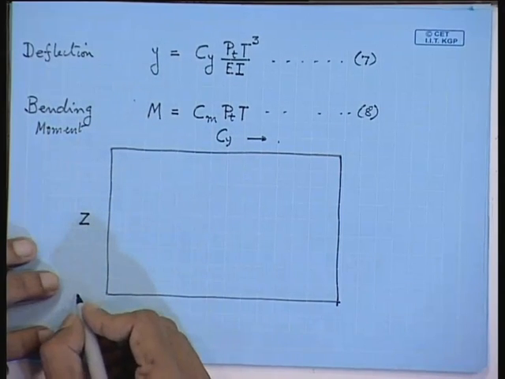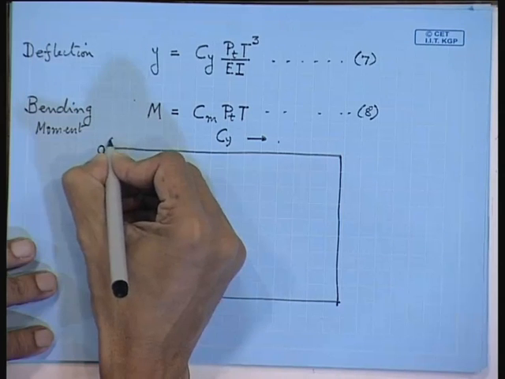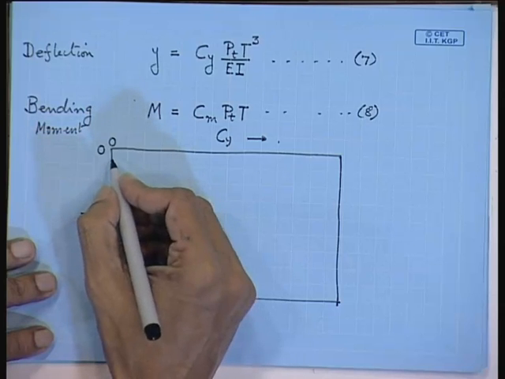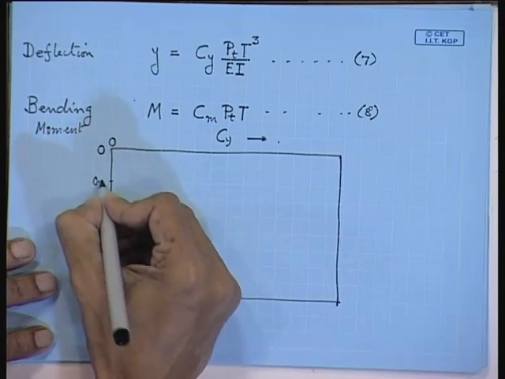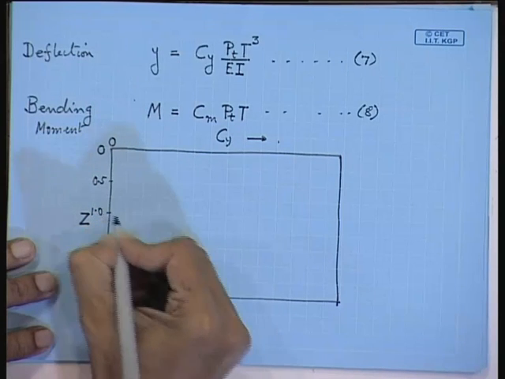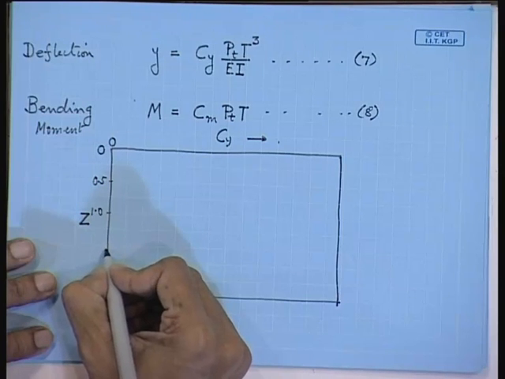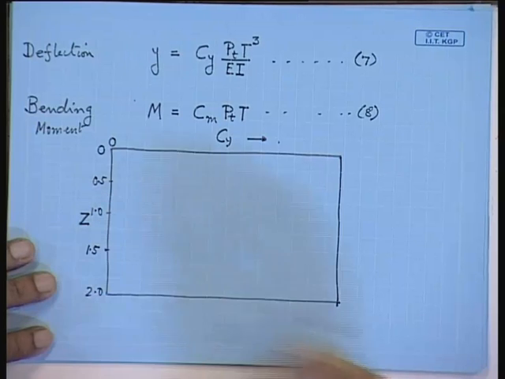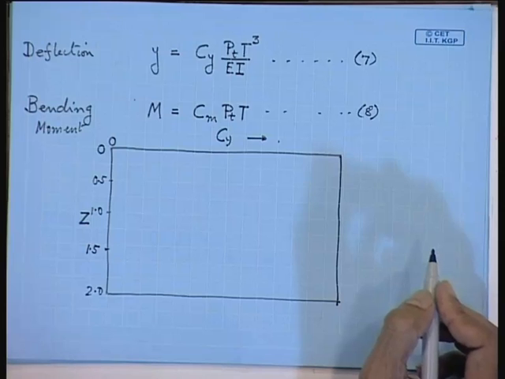So, this starts from, say, you take the axis starting from 0 and this will go up to say half, so this is 0.5, and this one somewhere you will get 1, then say 1.5 will come somewhere here and ground will be 2.0. So, these are values of your Z coefficient.